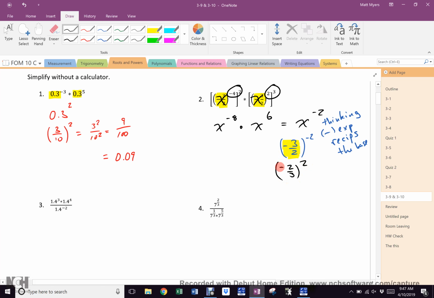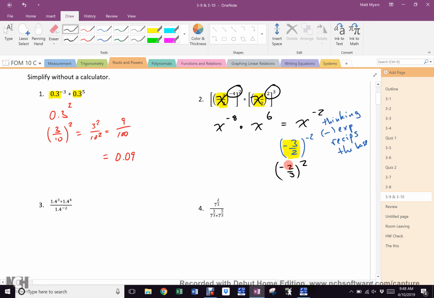Only the exponent changes. Why am I making a big deal out of this? Because on your test in 5 days, 25 of you are going to change that base to positive when you reciprocate it. Even though I'm making a big deal out of it right now, and I'm recording it, and I'm doubly making a big deal out of it, a bunch of you are still going to change that base to positive.